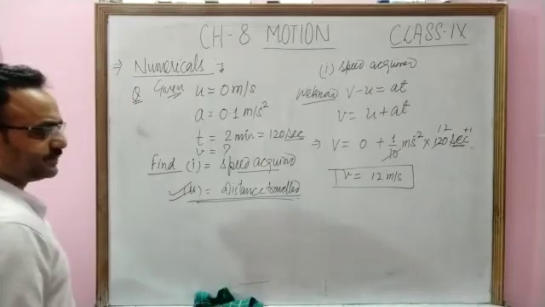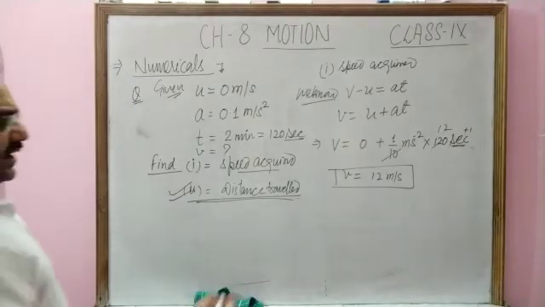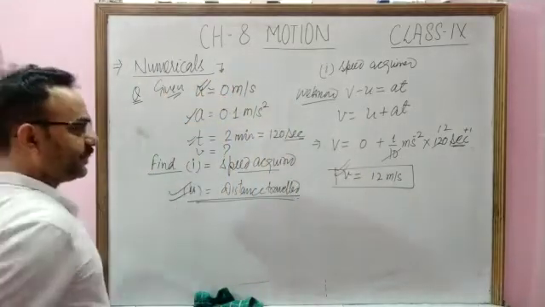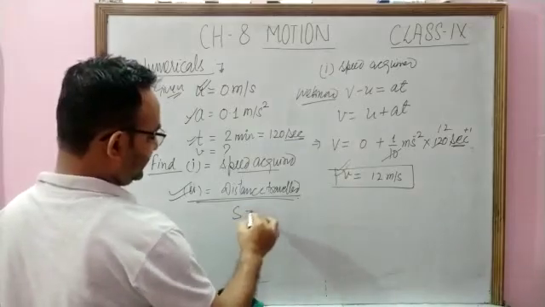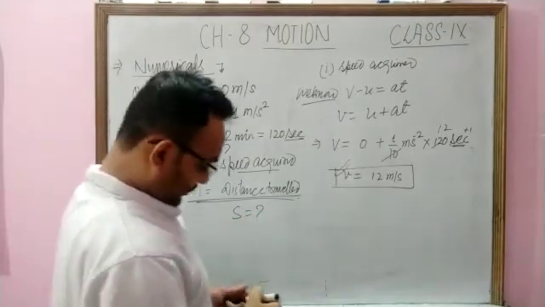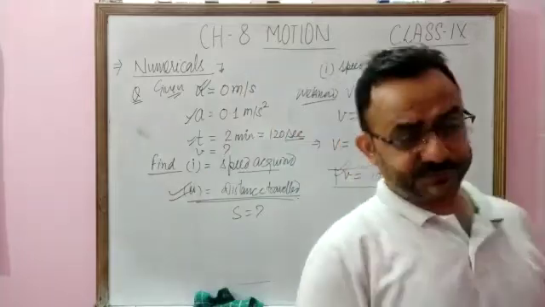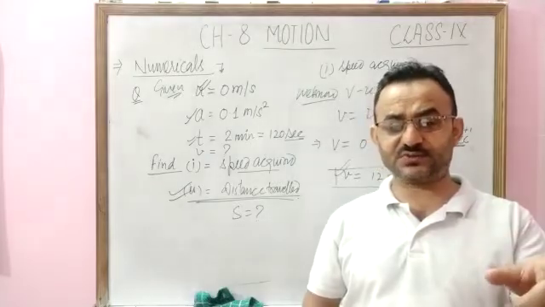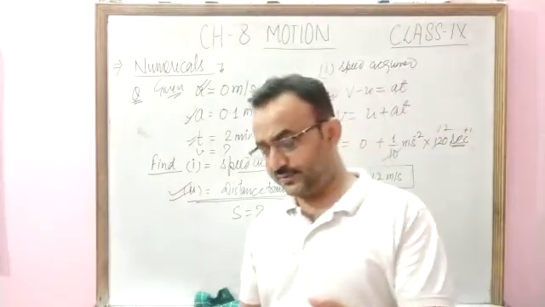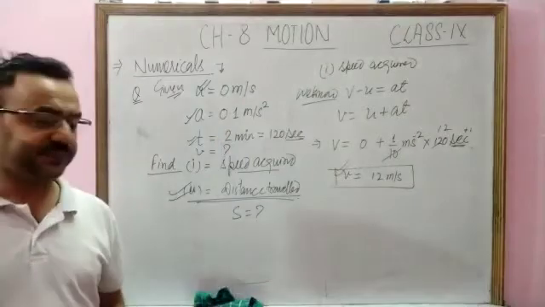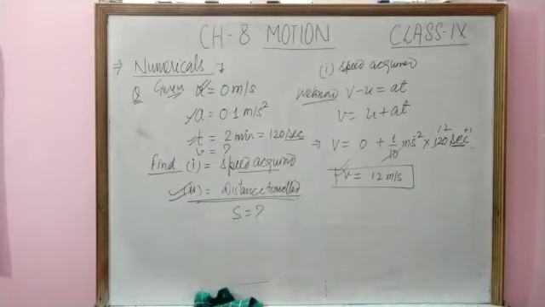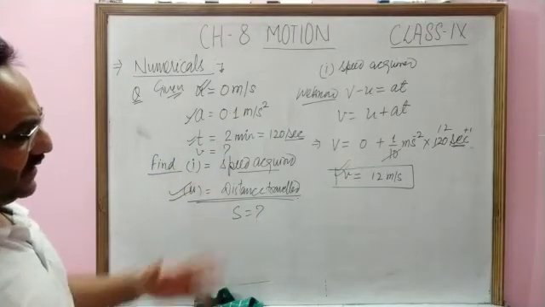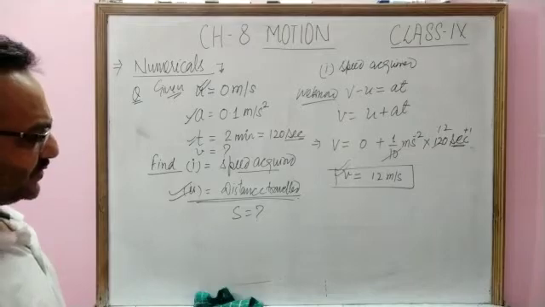Now the second situation is the distance traveled. Now you have the values of v, u, a, t, and you have to find s. As you will remember, s comes in both the equations. Second equation, s is equal to ut plus half at square, and s also comes in the third equation of motion, v square minus u square is equal to 2as. As per the terms we already have, you may use the second or third equation of motion.